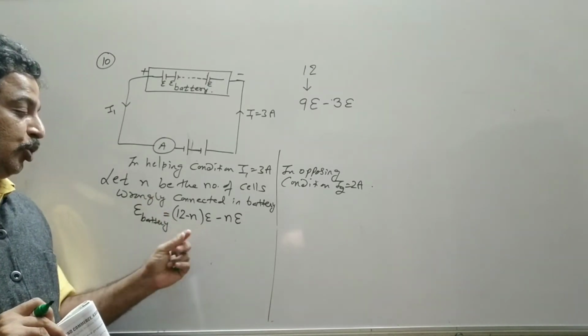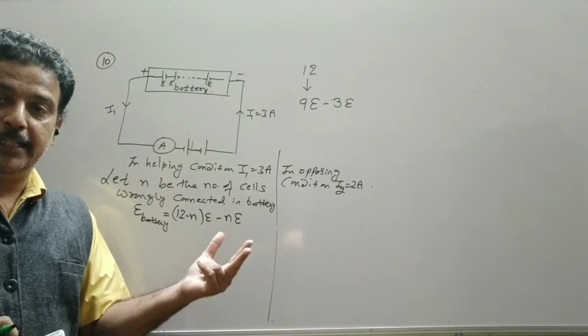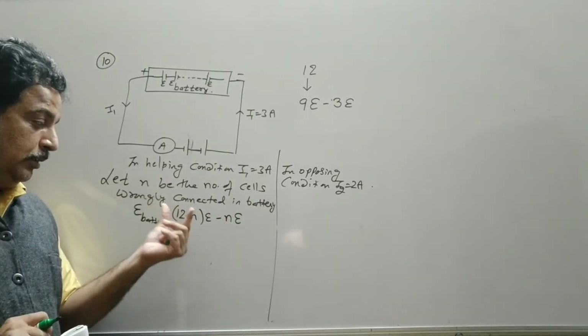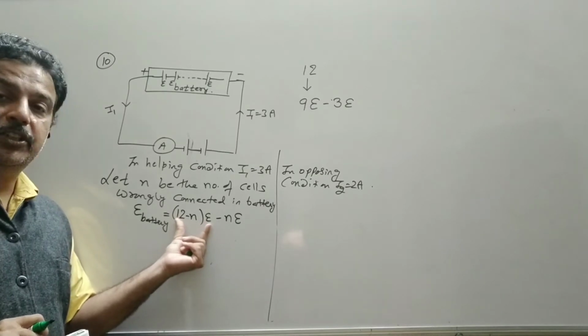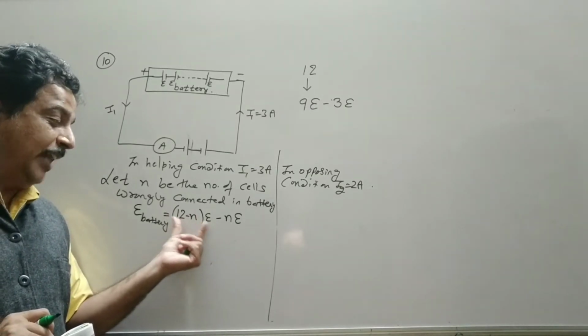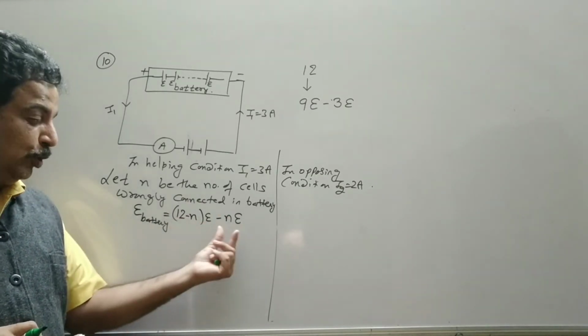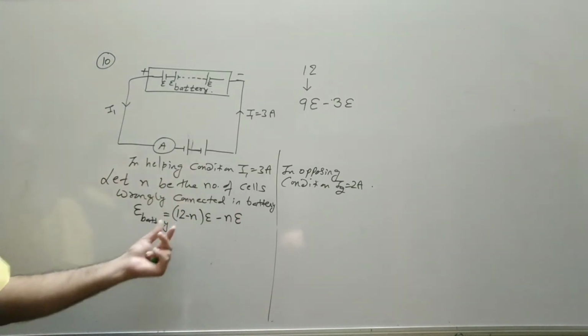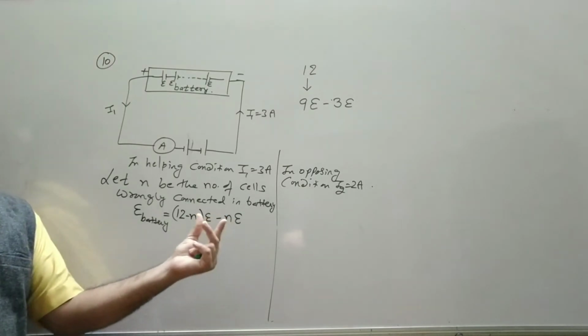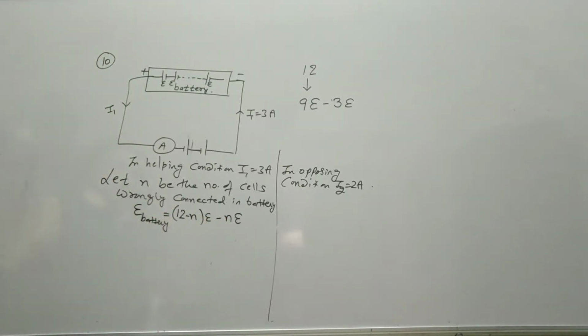Suppose 2 are wrongly connected. Then the EMF of the 10 which are in a helping condition, or correctly connected, will be 10E, and 2 are opposing, so minus 2E. So we have written (12 minus n)E minus nE. Now this is the EMF of a battery.